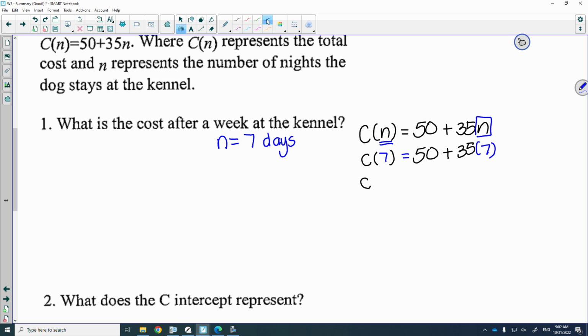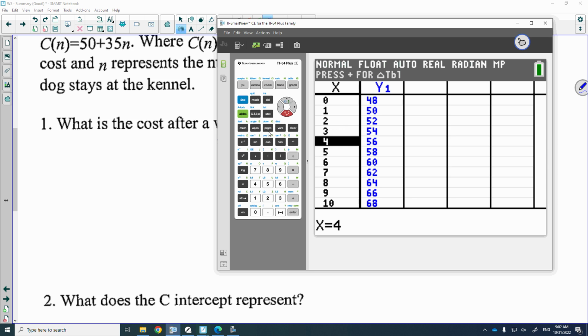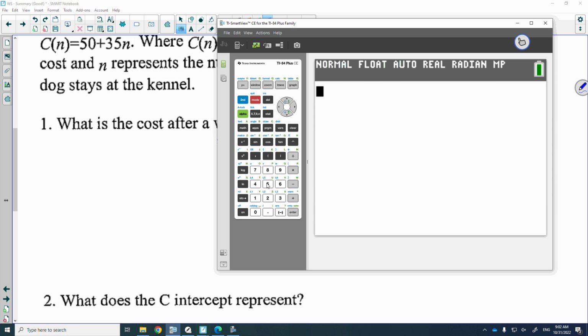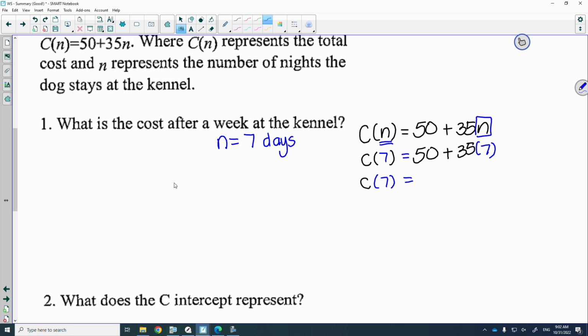So the cost for 7 days would be 50 plus 35 times 7, $295.